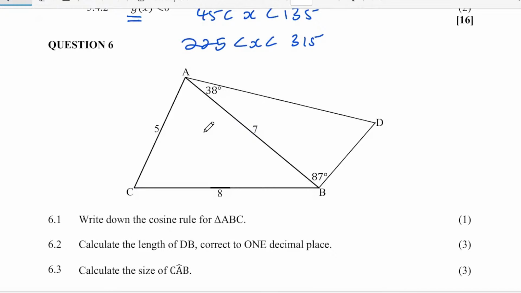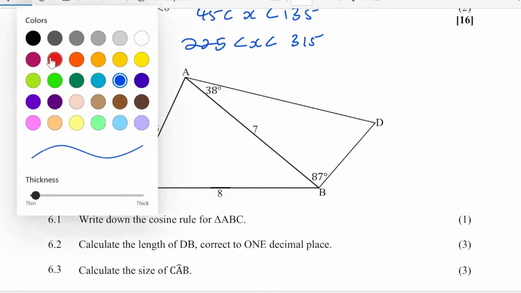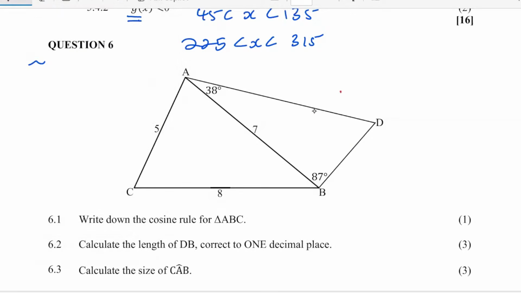We are given this drawing, A, B, C, D. Then they want us to find the cosine rule for triangle A, B, C. So remember, cosine rule can be in different formats depending on which angle that you are looking at.